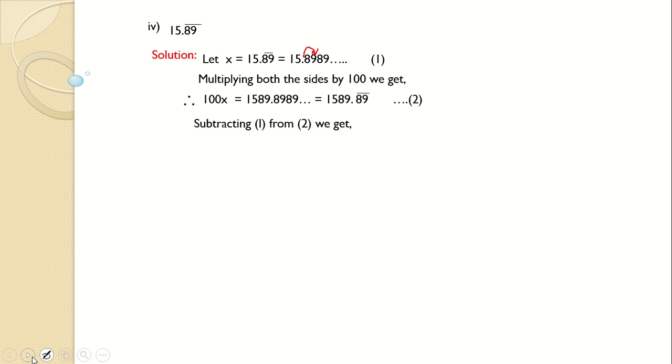Now subtracting equation number 1 from 2, we get 100x minus x is equal to 1589.89 bar minus 15.89 bar. So that's 99x is equal to 1574. Therefore x is equal to 1574 upon 99.